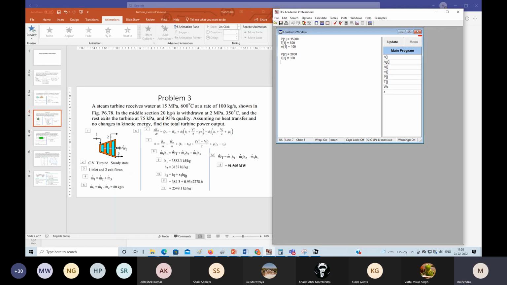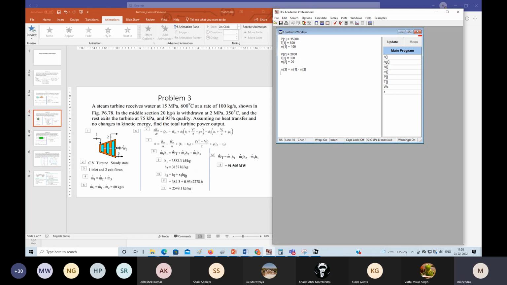Fine. And then M2 equal to 20. Okay. And M3 equal to M1 minus M2.